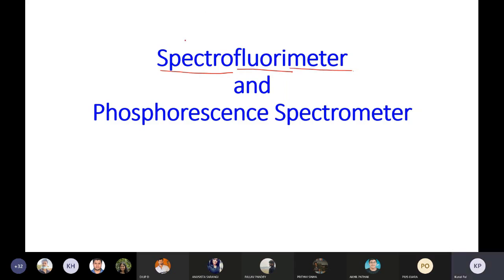Okay, spectro we have already seen that it is associated with the term spectrum. Spectrum of what? Spectrum of electromagnetic radiation. Fluori comes from the word fluorescence.